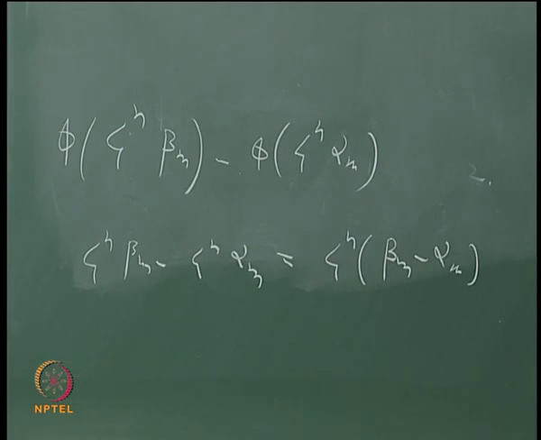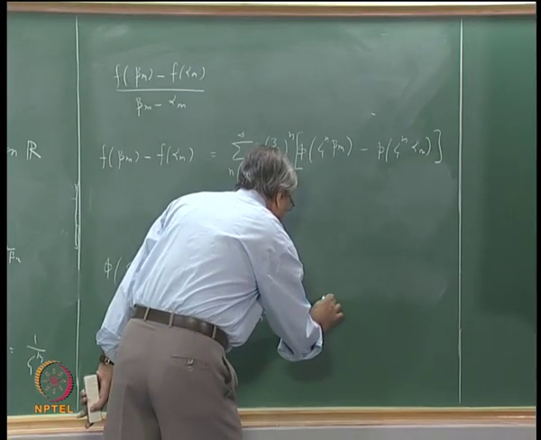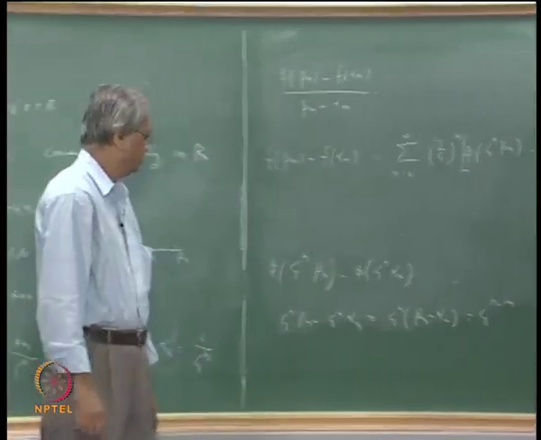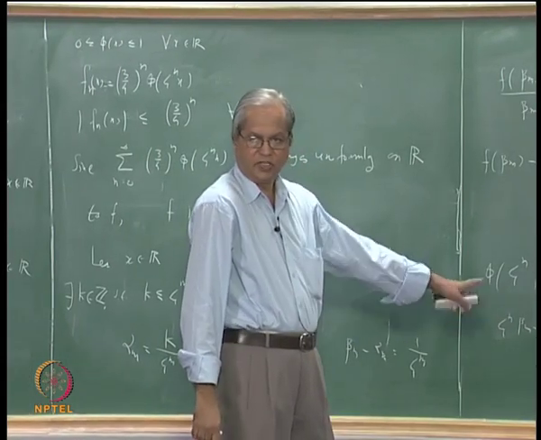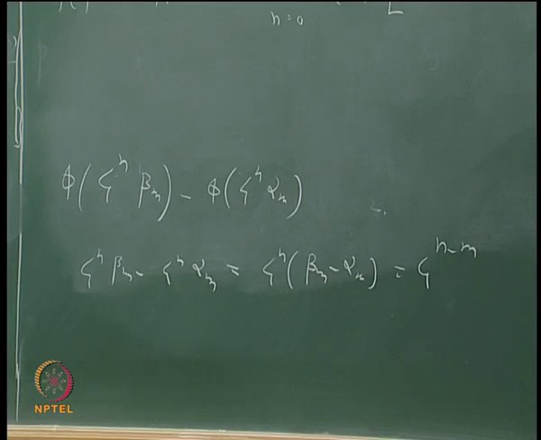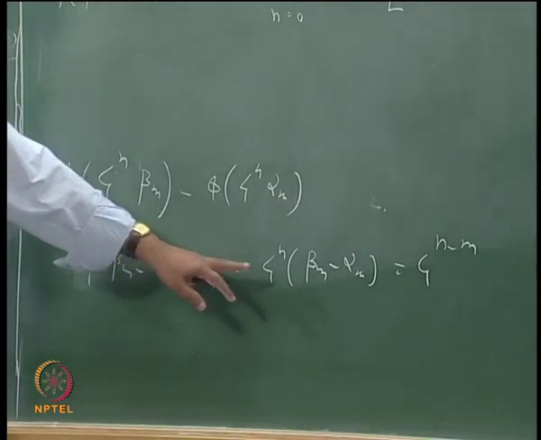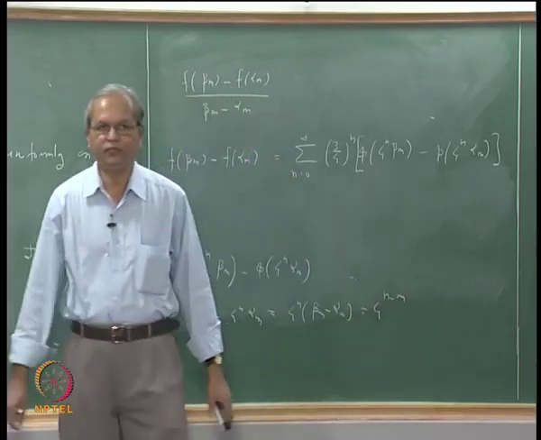So this is the same as 4 to the power n minus m. We can always say, whatever be n and m, that 4 to the power n beta m minus 4 to the power n alpha m is always equal to 4 to the power n minus m.